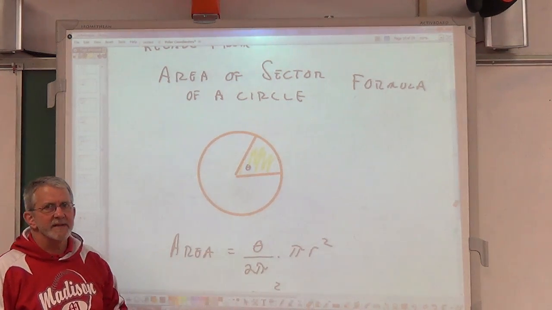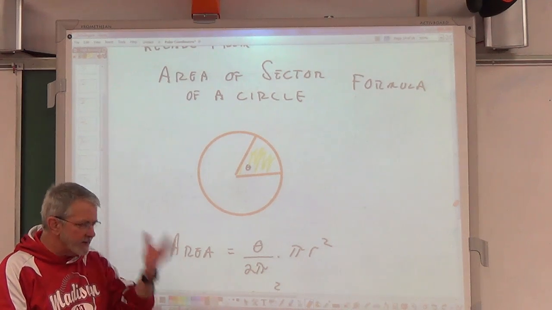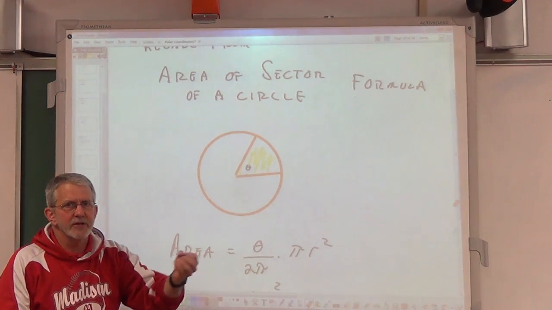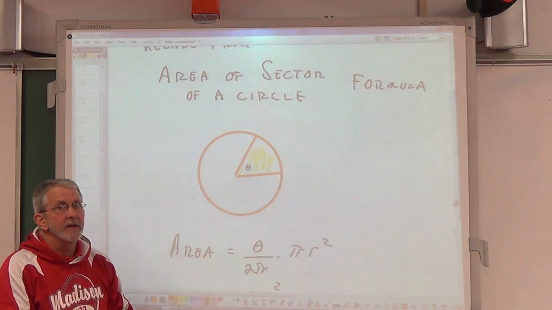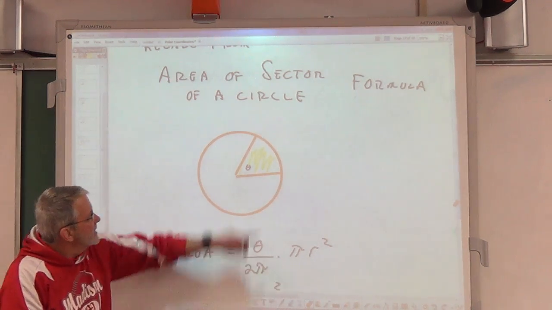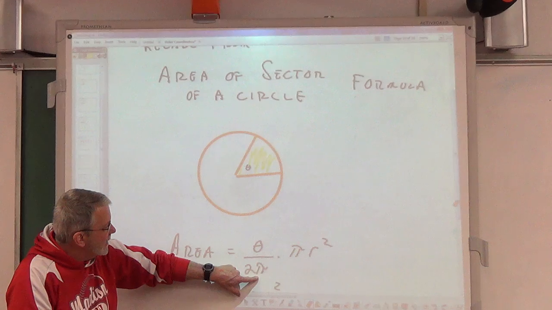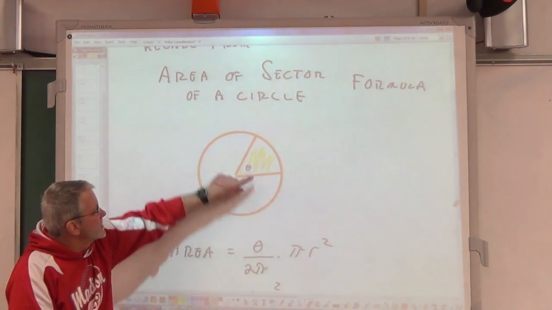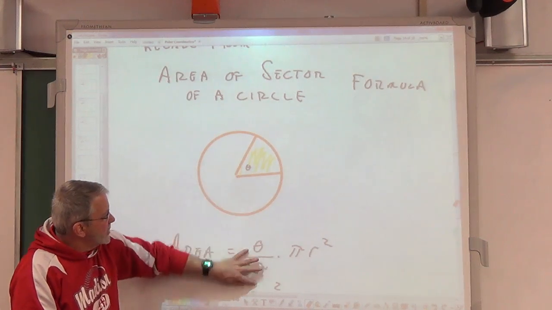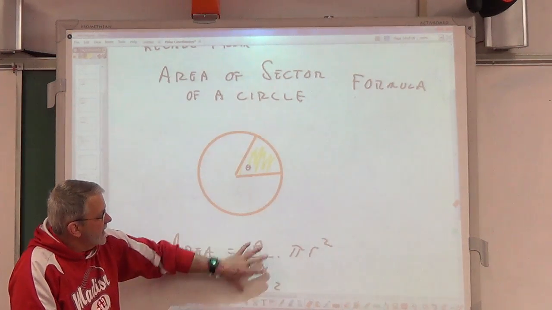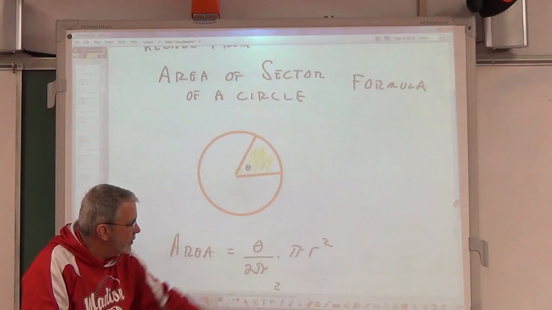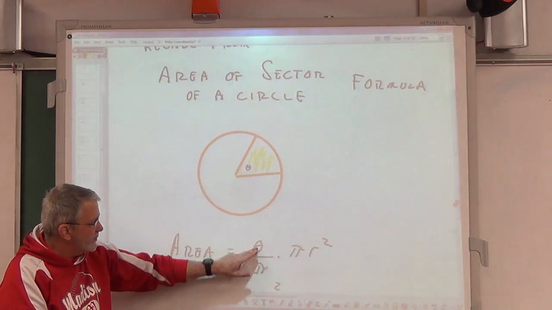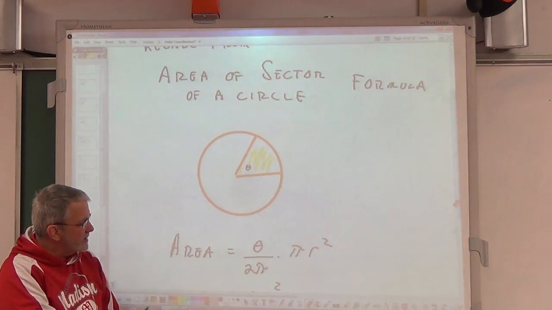Well, what portion is it? It's a fraction of the area of the circle. Well, what fraction is it? It is that angle divided by 2 pi times pi r squared. I go theta divided by 2 pi. That's the part of the entire circle it is. 2 pi is all the way around.